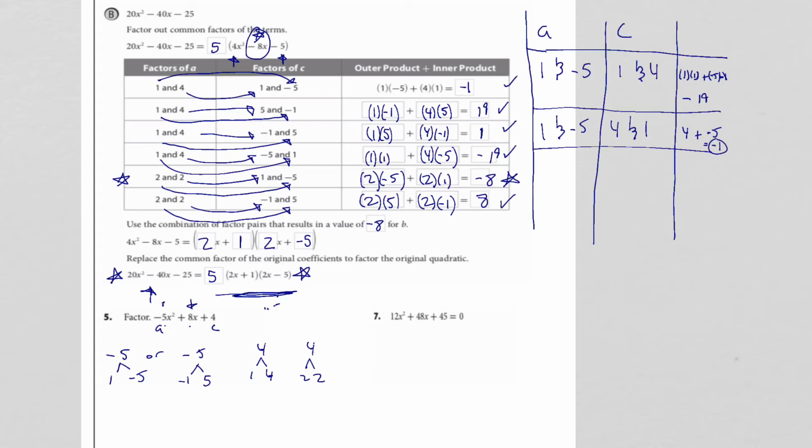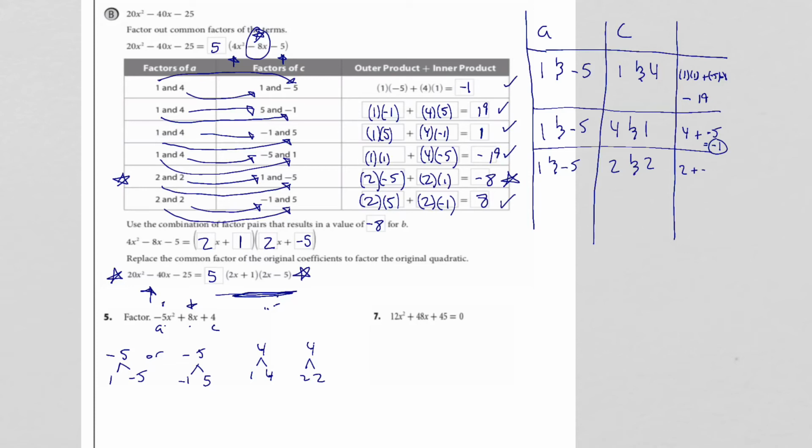So let me try, I'm still going to go with 1 and -5, but now I'm going to try the other factors of 4. 2 and 2. So 2 times 1 is 2, and a -10 is the result of -5 times 2.